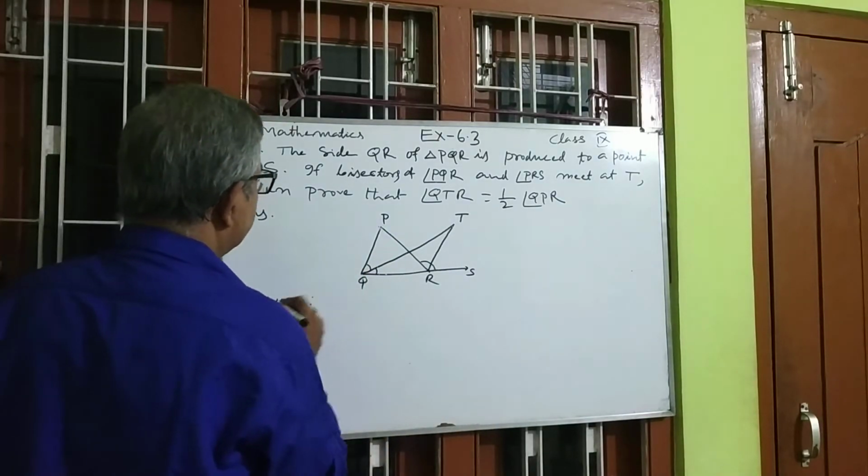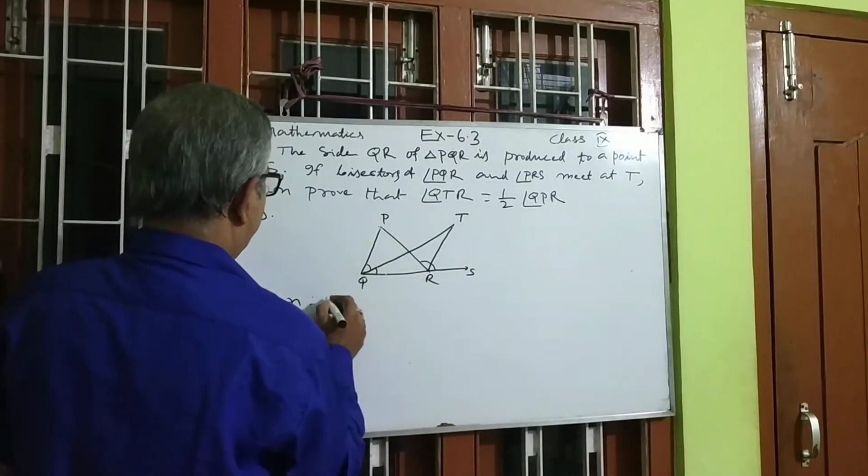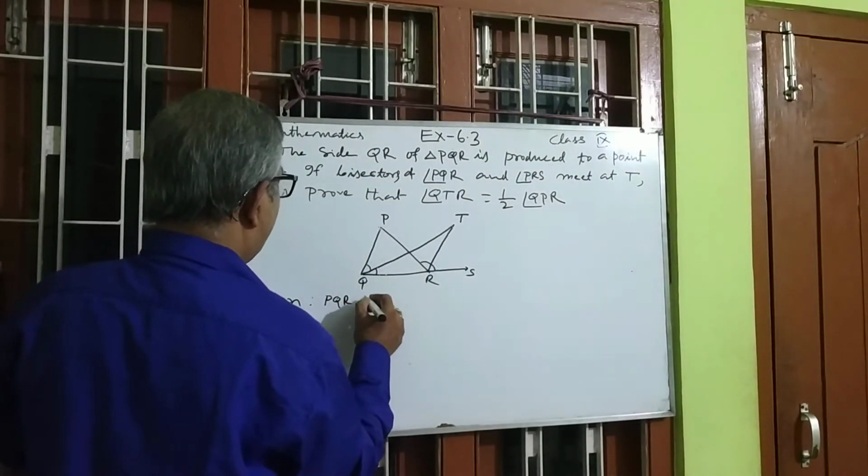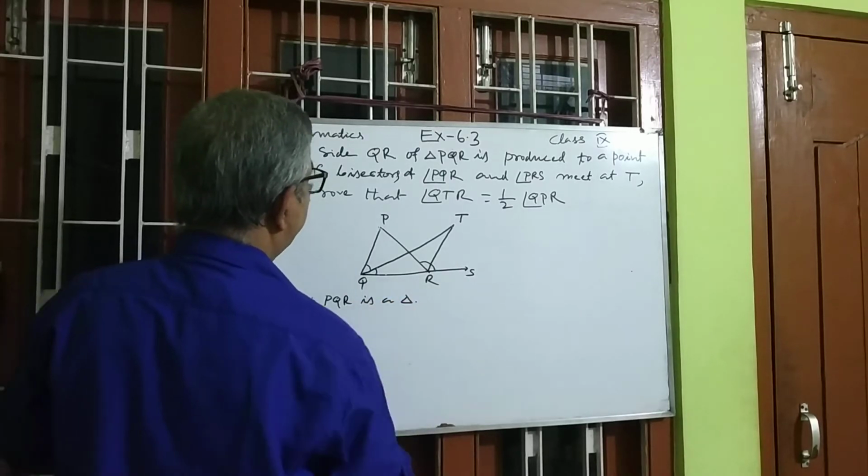So given, what are the things given? PQR is a triangle.